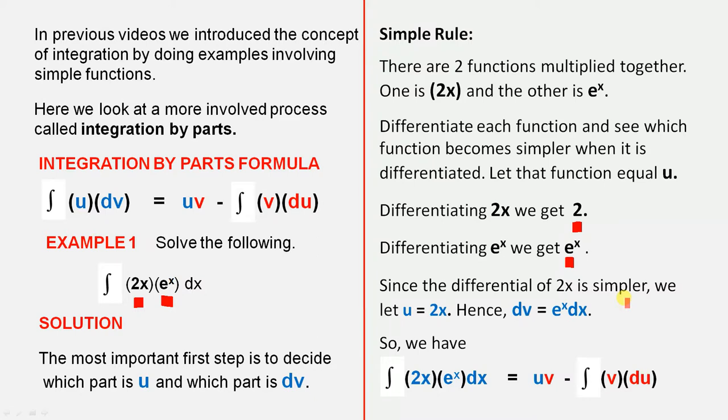Since the differential of 2x is simpler, we let u equals 2x and dv equals e to the x dx. So we have the integral of 2x e to the x dx equals uv minus the integral of v du. Now let's carry on the next slide.